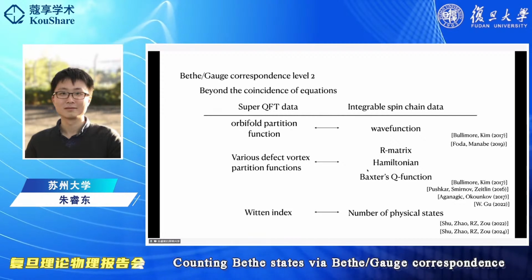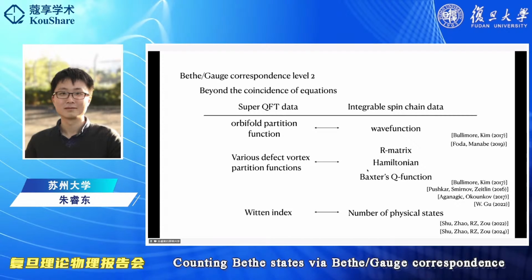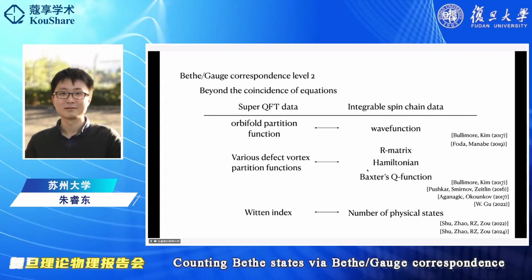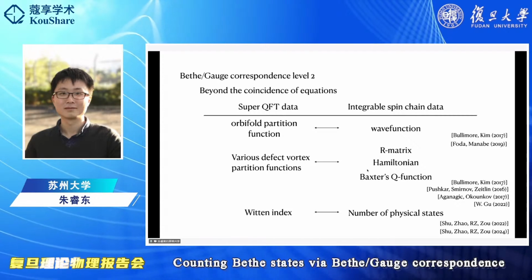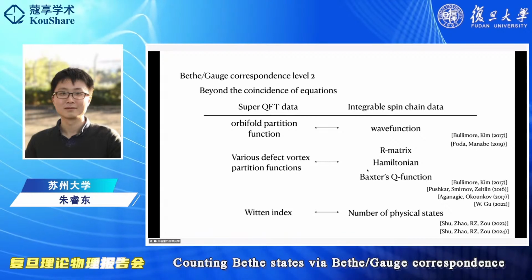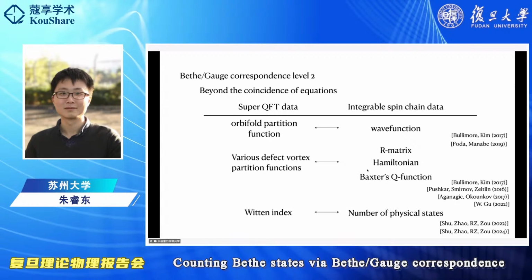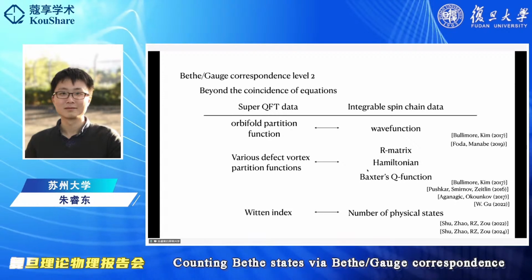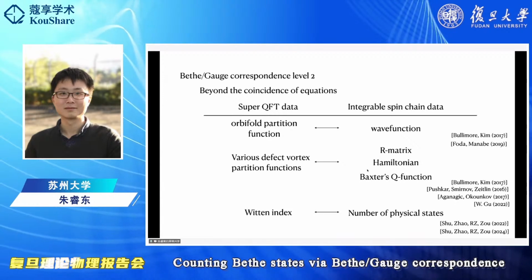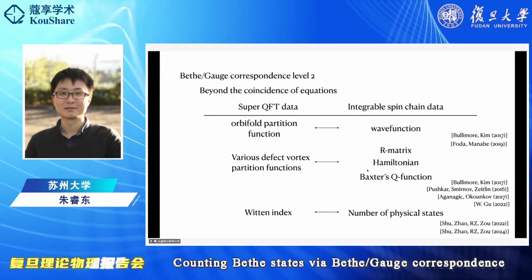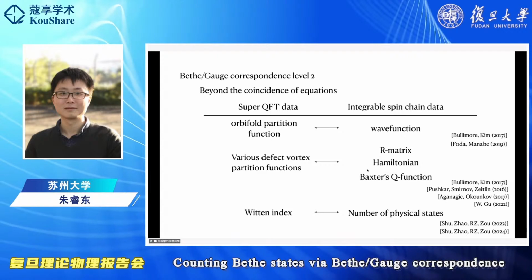Of course, we know the dimension of the Hilbert space, right? However, if you really want to count the number of physical states in the Bethe-Ansatz equation, it's very difficult. But you still know the number? In some cases, yes, but in general, I will talk about it. This Witten index is still easier to compute.